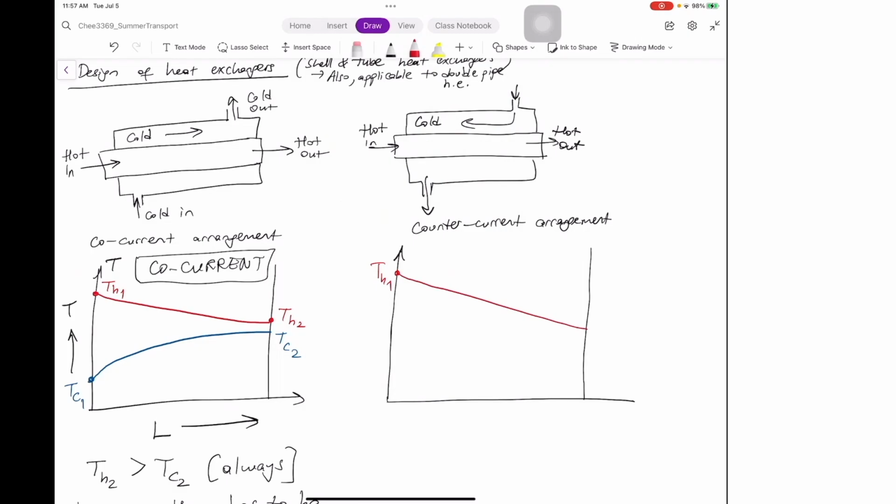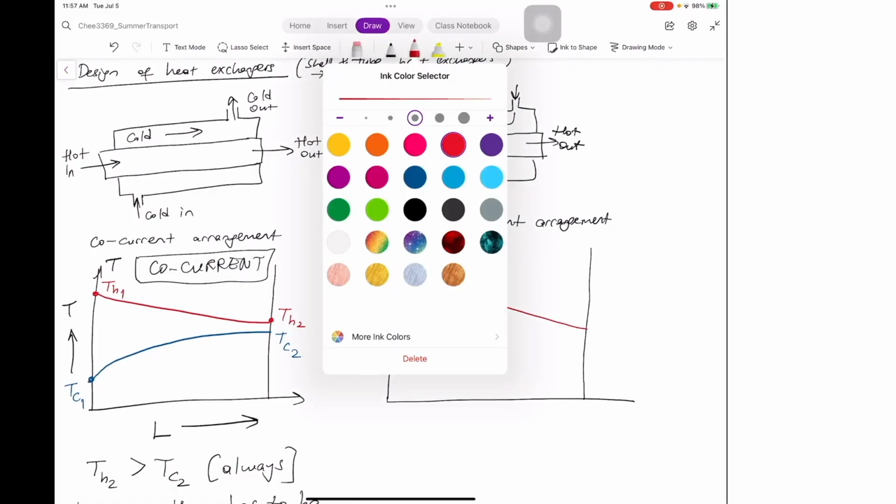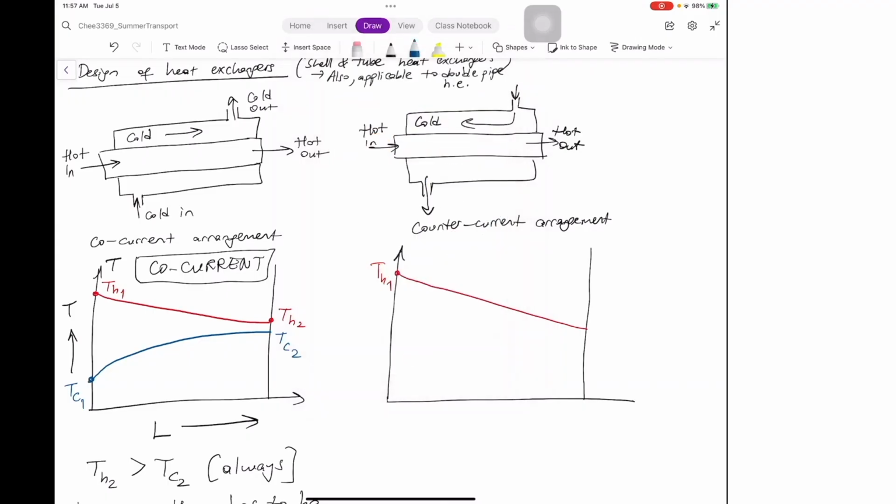But now, surprisingly, for the cold temperature, if this is T cold 1, the same as in this one, let's call it T cold 1. If it enters from the other side, it's going to increase, and it can even be larger than the outgoing hot temperature, but not larger than the incoming hot temperature.